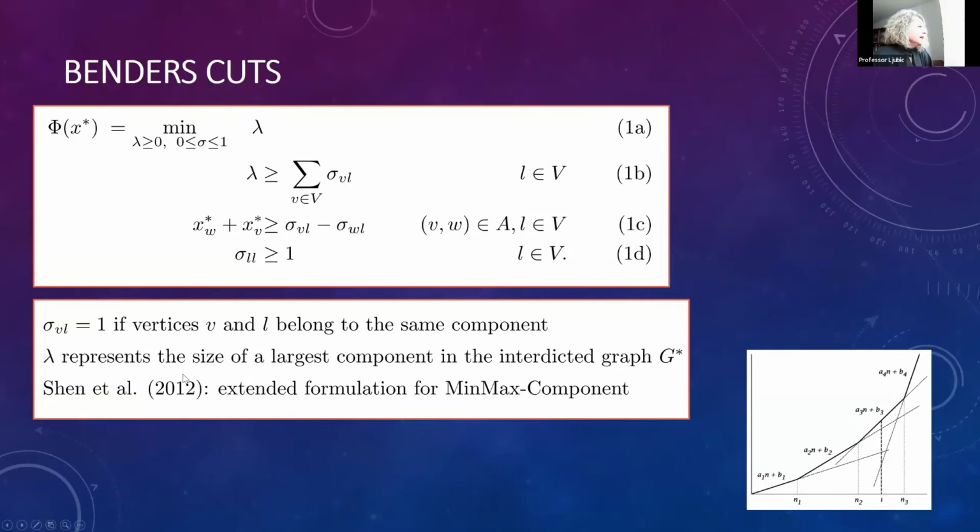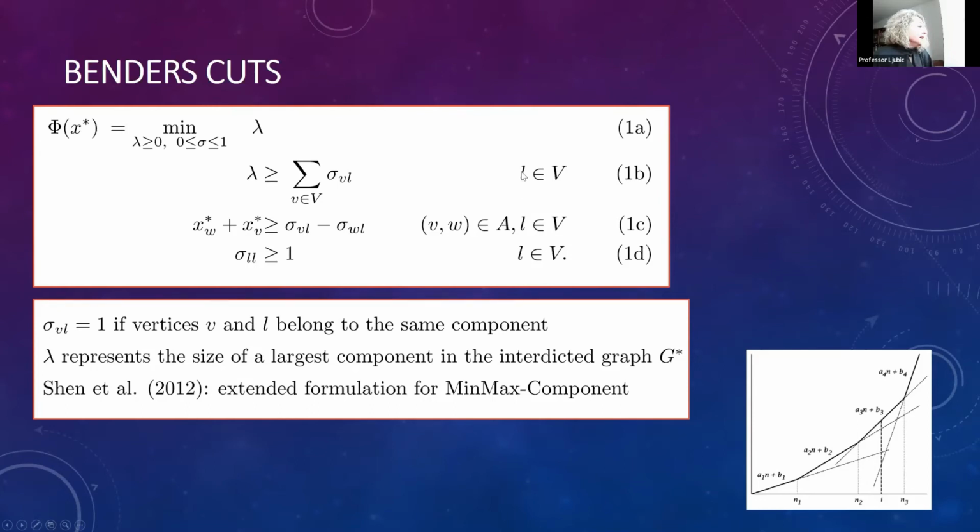Now we have again the vertices which are interdicted, and the variable lambda is now modeling the size of the largest connected component. The variable sigma VL is equal to 1 if the vertex L and the vertex V belong to the same connected component. And so lambda is greater or equal than the size of a component in which the vertex L is taking part.